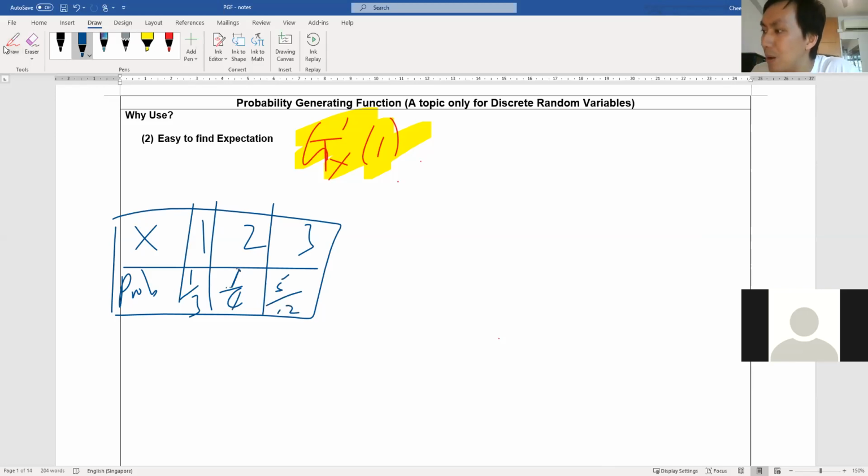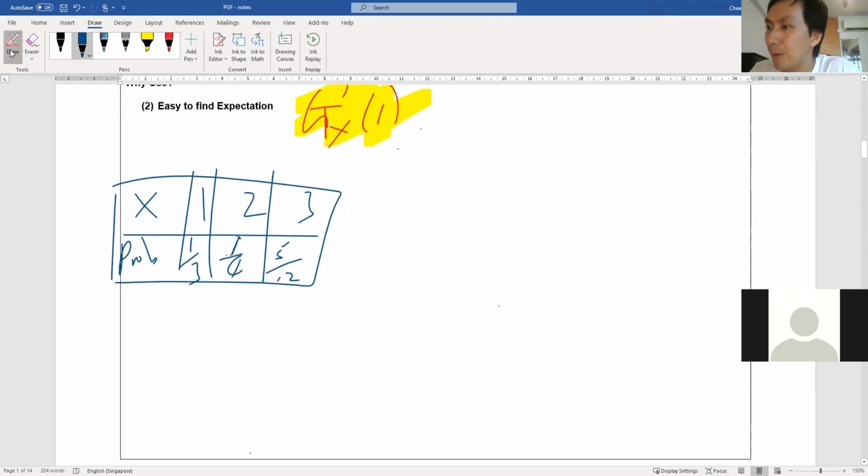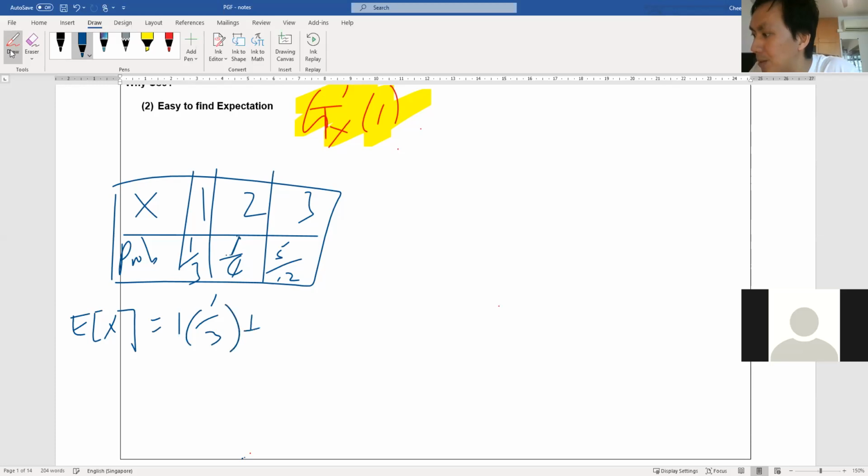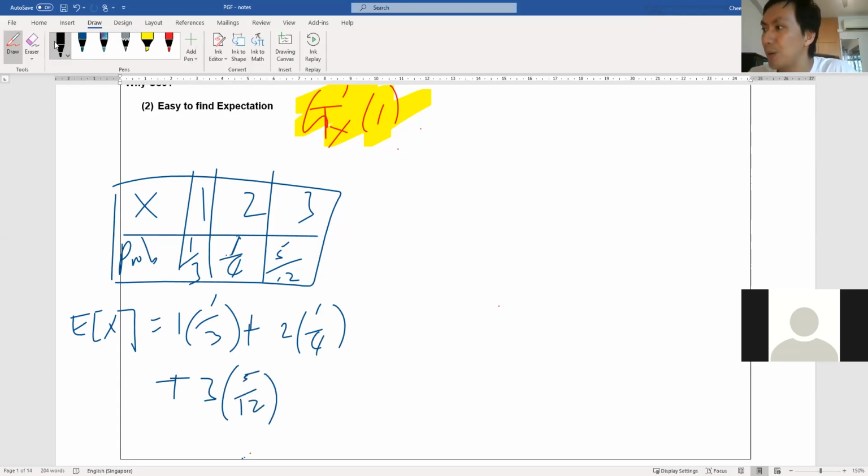In your usual paper 1 and paper 2 situation, to calculate the expectation for x, you will say 1 times 1/3 plus 2 times 1/4, plus 3 times 5/12. Okay. So the key now is to be convinced that this formula here actually creates the same mechanism as this.